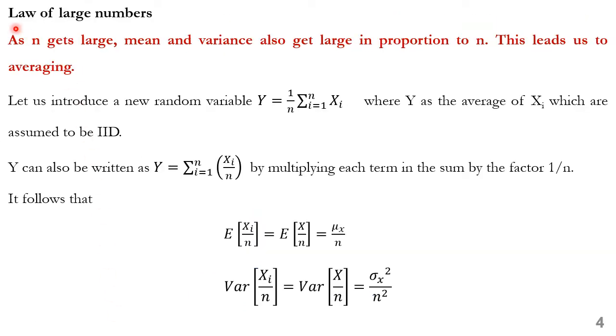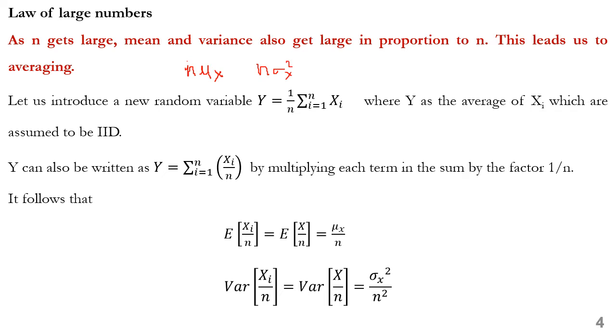Let us study now about the law of large numbers. As you see, we have seen in the previous slide that the mean increases with the value of n, and the mean value becomes multiplied by n, giving n mu x, and even the variance also gets multiplied by n.